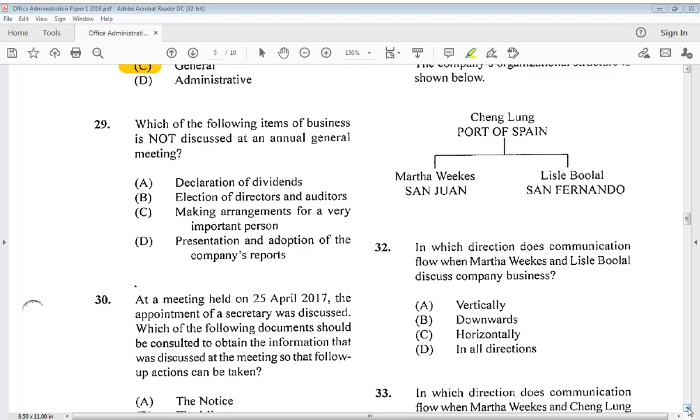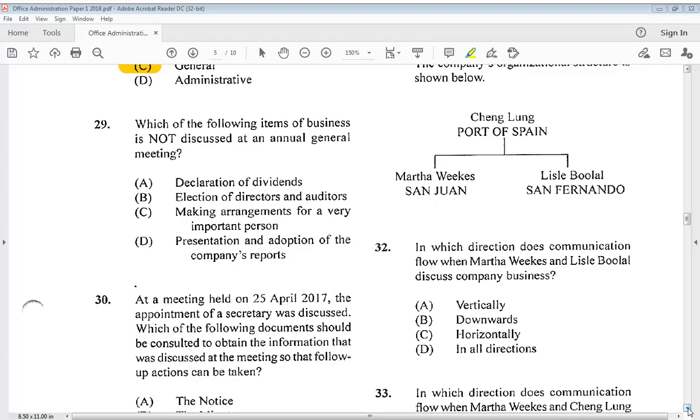So it says, which of the following items of business is not discussed at an annual general meeting? So we know things that are discussed at the annual general meetings. We know, for example, election of directors and auditors. So the answer could not have been B for 29.